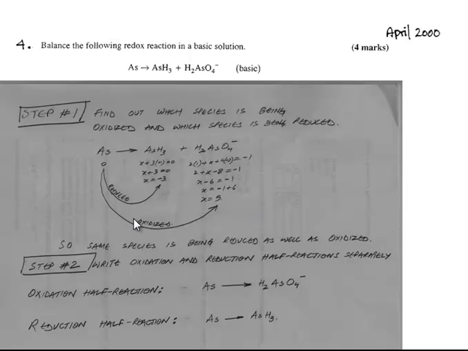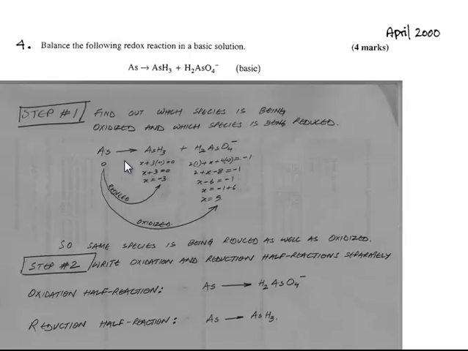So what we do is we write down the oxidation and the reduction half reactions separately. In some other problems, you might have a different compound getting reduced and a different compound getting oxidized. It doesn't matter, we just have to write the oxidation half reaction and the reduction half reaction separately.